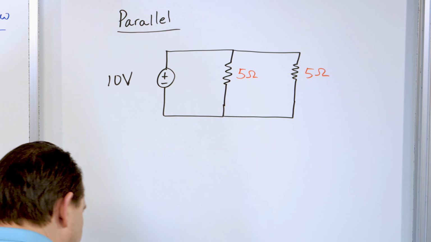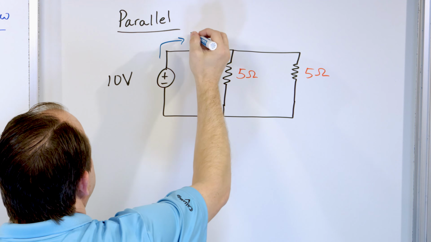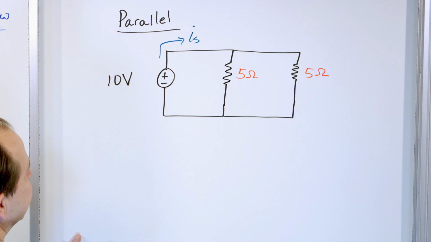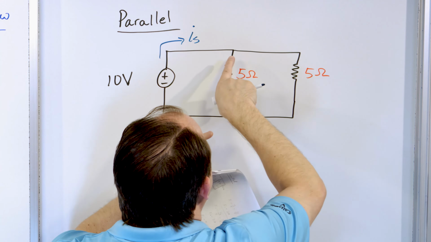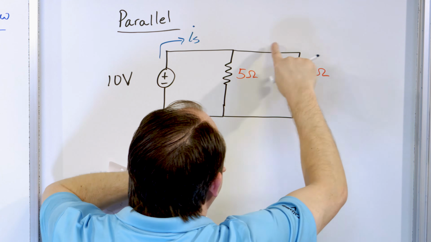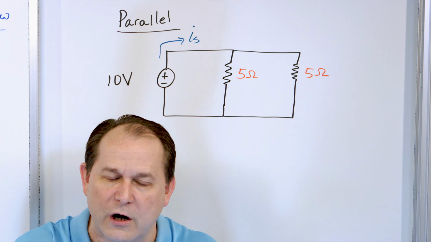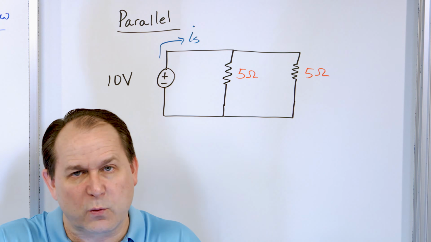Now remember, how does it work in parallel? Well, in parallel, there is some sort of current coming out of here. We'll call it the source current, I sub S. But that current is not the same current that's flowing through these resistors, because when it hits this point, the electrons have to go, some of them this way and some of them this way, just like a river. When a river forks, some of the water goes this way and some of the water goes this way.